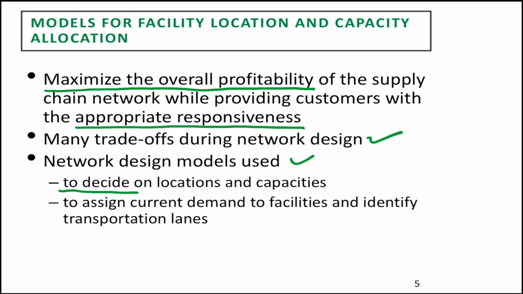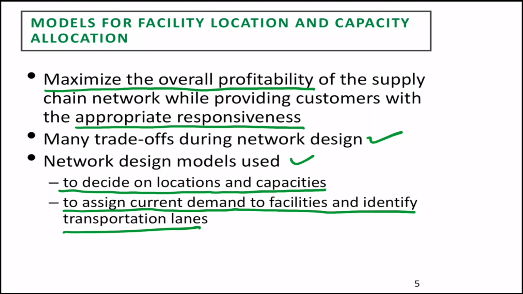One is to decide on locations and their capacities, and other one is to assign current demand to facilities and identify transportation lanes. We may have several facilities available and there may be demand from various locations. So which facility should cater to demand at which location? So those decisions need to be made.